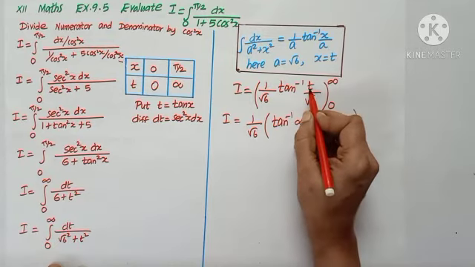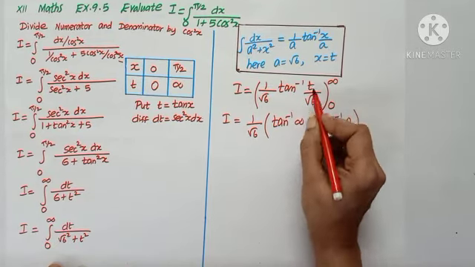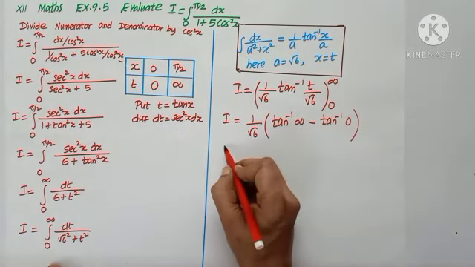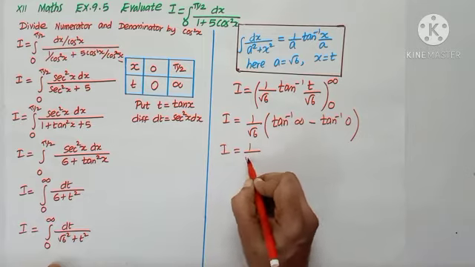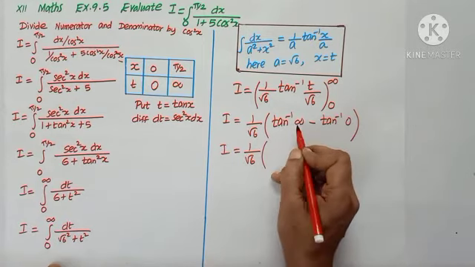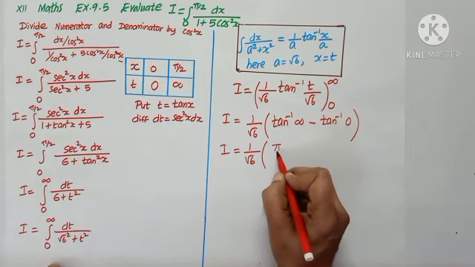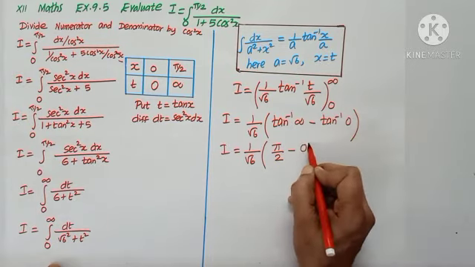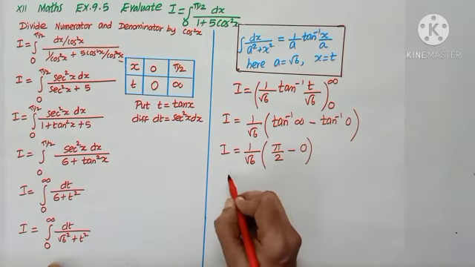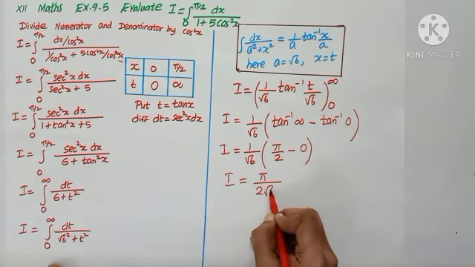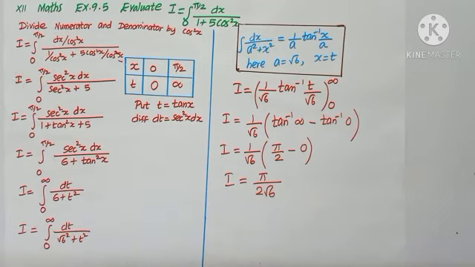So wherever t comes, we put the upper limit infinity and lower limit 0, upper limit minus lower limit. 1 by root 6 into tan inverse infinity. Tan 90 is infinity, so this gives me pi by 2. Tan inverse 0 is 0. So together I equals pi by 2 root 6, and that is the answer.